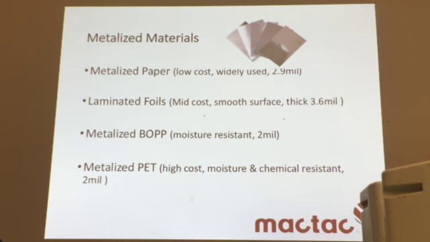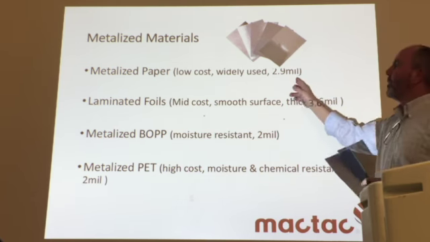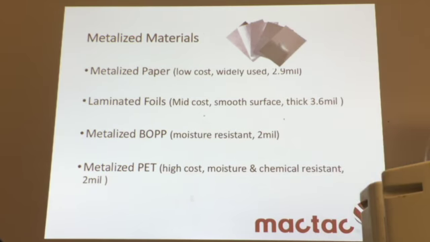I put four, but the fourth one is designed for a certain market. In your catalog or in your folders are samples of each, and I want to talk a little bit about each. The metallized paper is a lower cost, widely used. It's a thinner gauge metallized paper. It's got more of a mirror finish to it. If you look on the back, you'll see bright metallized paper listed on it.